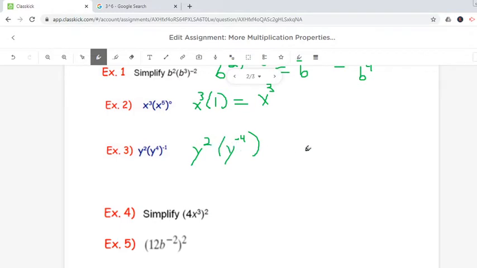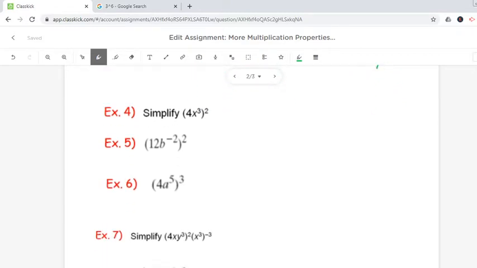So we add. So negative 4 plus 2, that is negative 2. And we have a negative exponent. So we put it in the denominator, y squared. We change the negative to a positive, and we put it over 1. Okay.